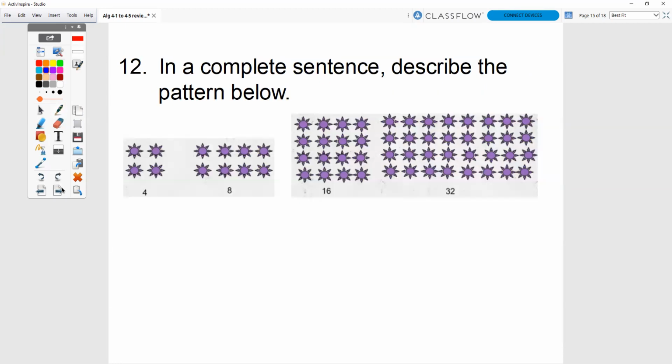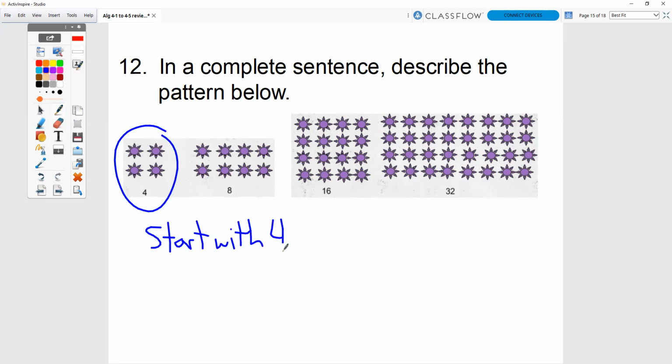In question number 12, in a complete sentence, describe the pattern below. Just like we had with the trucks before, what are we starting with? Start with 4 stars. That's what I'm going to call them. And then how do we get to 8 and 16 and 32?